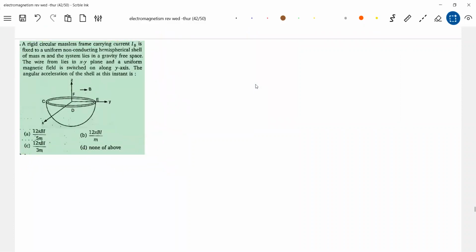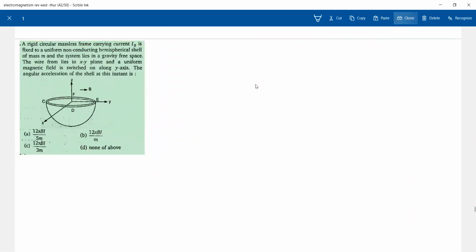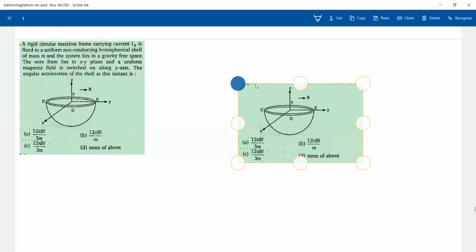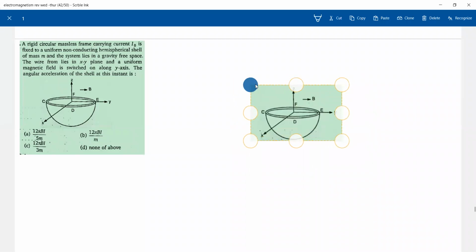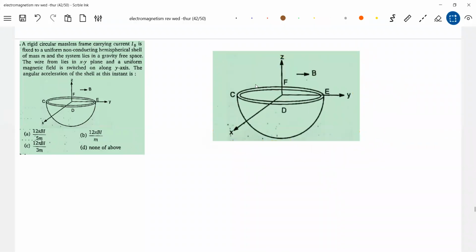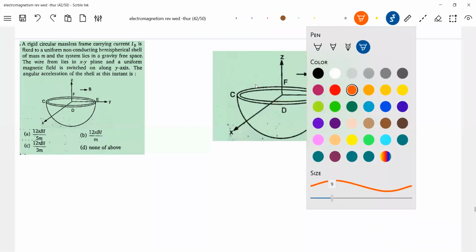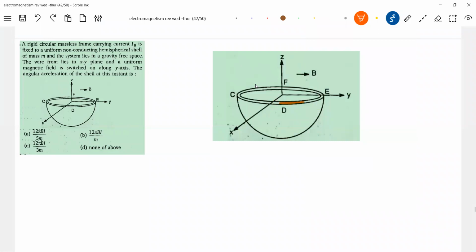Okay, simple sum, application based. We'll have a diagram. It will save time. Okay, the ring which we are concentrating on is this one. Okay, there's a ring.